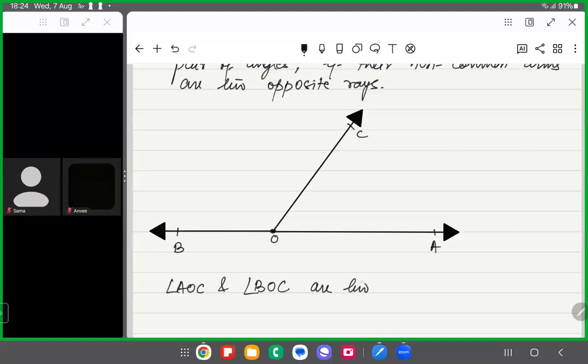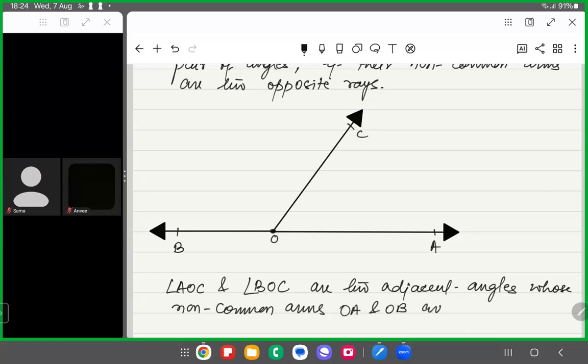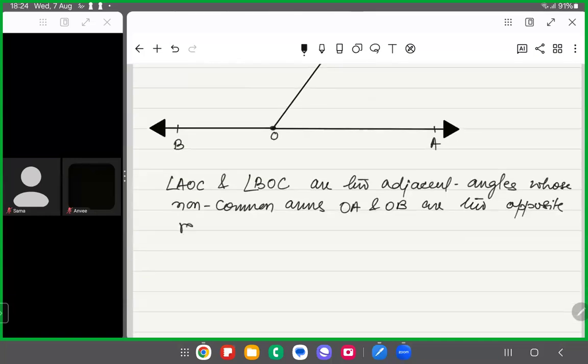These are two adjacent angles whose non-common arms OA and OB are two opposite rays. Are you getting that? They are exactly opposite to each other.